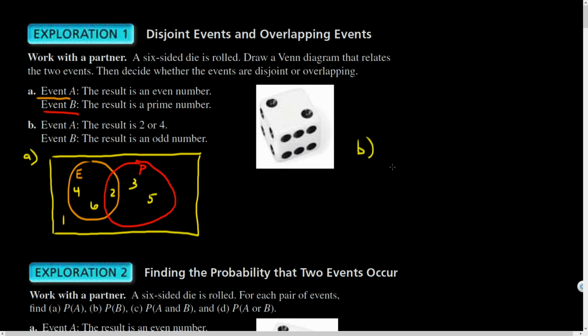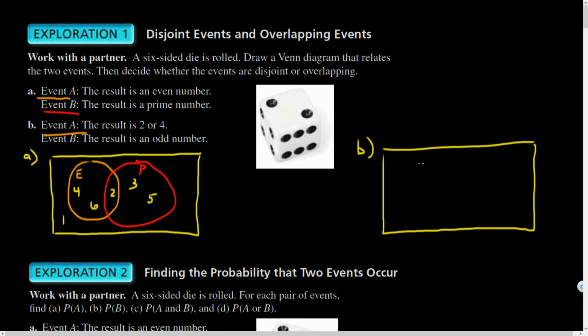Over here, let's draw one for problem B. Notice this one had some overlap. Here, the first case, event A, is the result is 2 or 4, and event B is the result is an odd number.